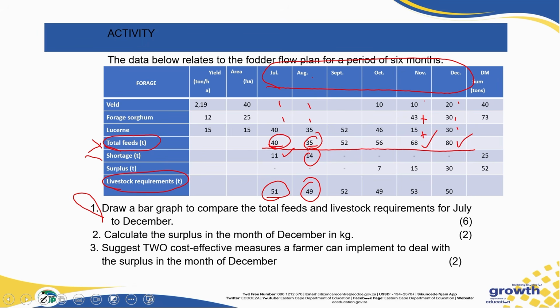When drawing a bar graph, you have to ensure that the variables are in their places, the y-axis variables and the x-axis variables. The x-axis variables are the months, your July, August, September, and the y-axis variables.